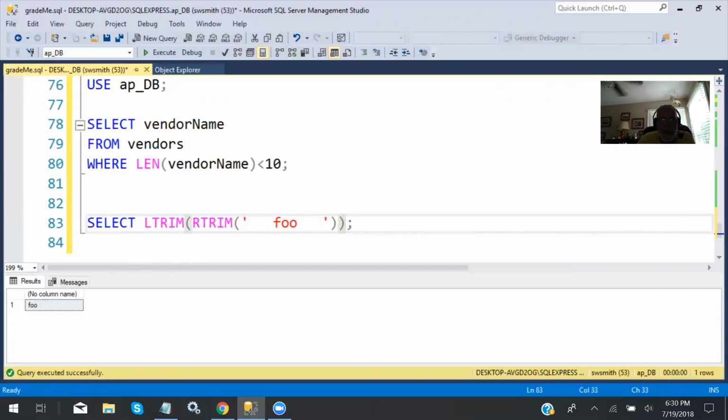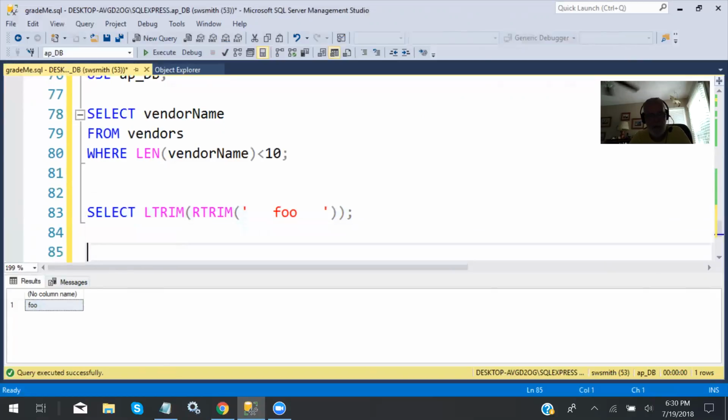So right trim acts first. Right trim chops off the spaces to the right, and then ltrim acts. It really doesn't matter which one of these you do first, and what you're going to get is the argument with all of the leading and the trailing spaces chopped off of it. This is real common.